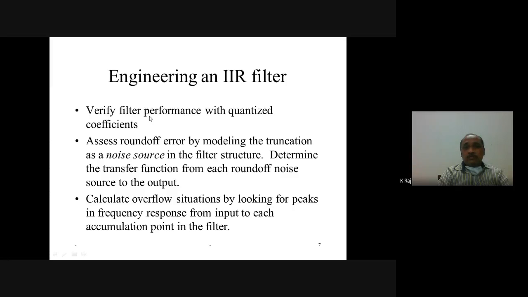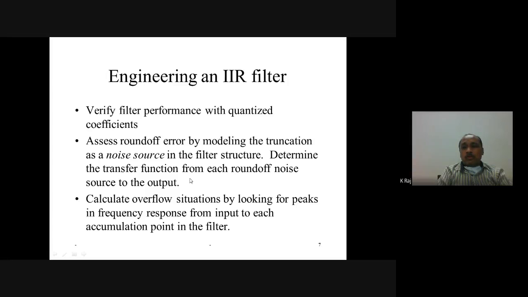So verify filter performance with quantized coefficients. We have to verify whether we are in the permissible range or outside of it, and then assess round-off error by modeling the truncation as a noise source in the filter structure and determine the transfer function from each round-off noise source to the output.